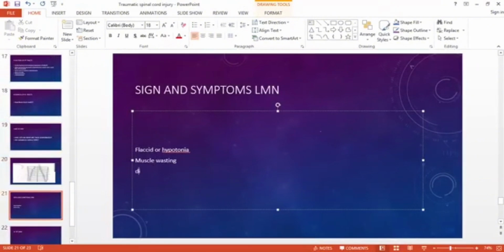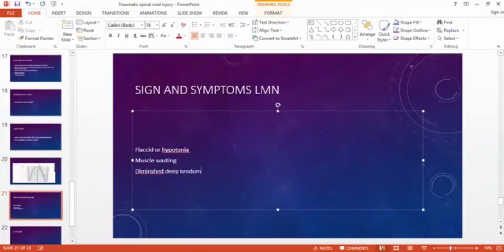Deep tendon reflexes or superficial reflexes? Should be both. Okay. Now, diminished are the deep tendon reflexes.